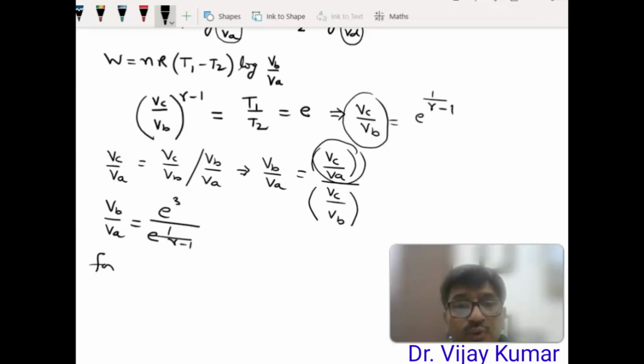If we solve it for monoatomic gas, gamma becomes equal to 5 upon 3.